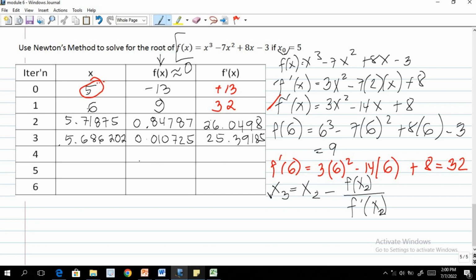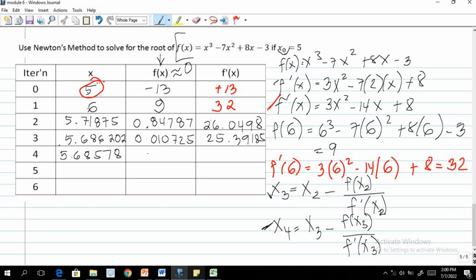Malapit-lapit na ako. Malapit-lapit nang mag-zero out yung aking fx. Again, for my x4, that is equal to x3 minus the function of x3 over the f prime of x3. And so, pag i-input ko again itong mga values na to dito sa may x4, makukuha ko yung value as equal to 5.62857.